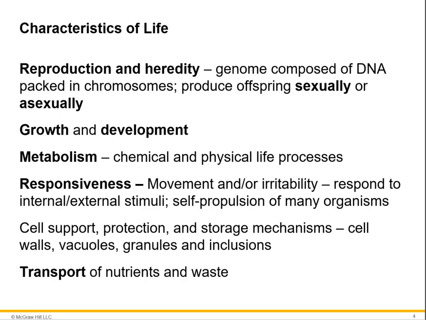Organisms can produce offspring either sexually or asexually, depending on the organism. Living things are going to show growth and development. They're going to have metabolism. That's going to basically be the chemical and physical life processes that occur within the organism, essentially breaking down molecules into smaller molecules and building up molecules from small molecules, okay? How the organism uses its energy.